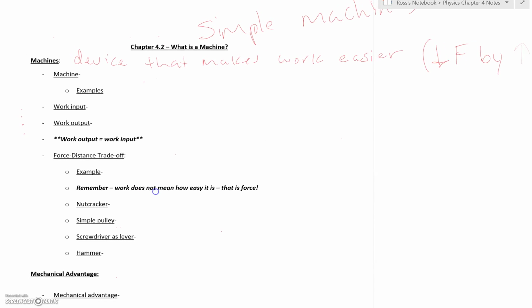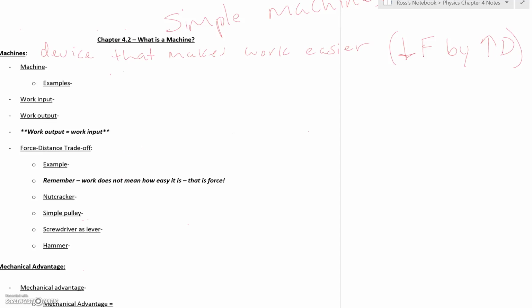So work input is the work done on the machine, the work the human does on the machine. Whereas the work output is the work the machine does on the object.